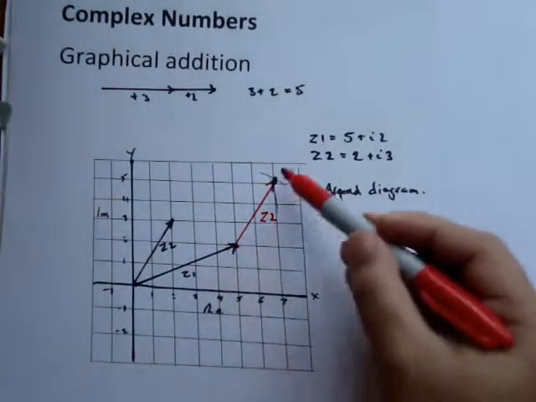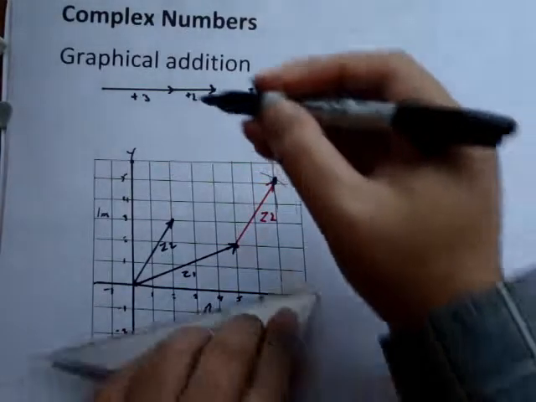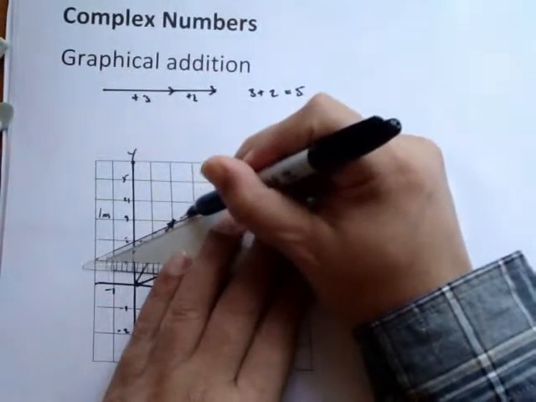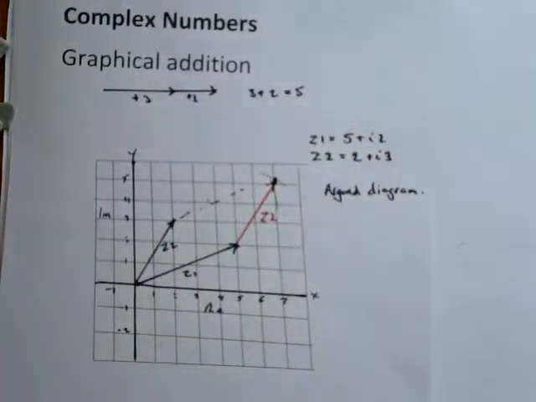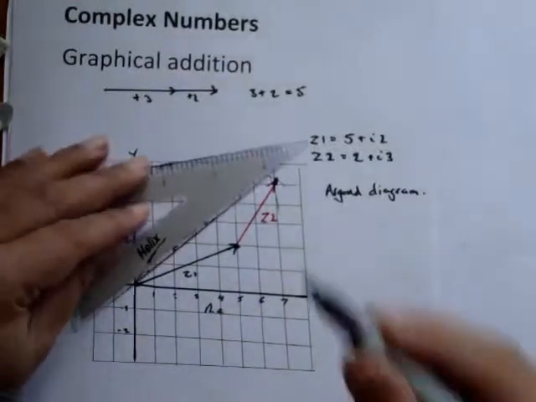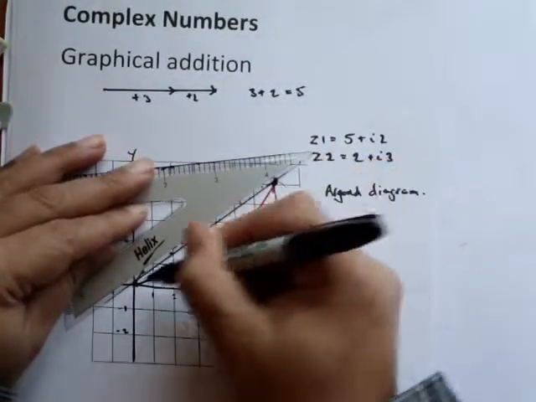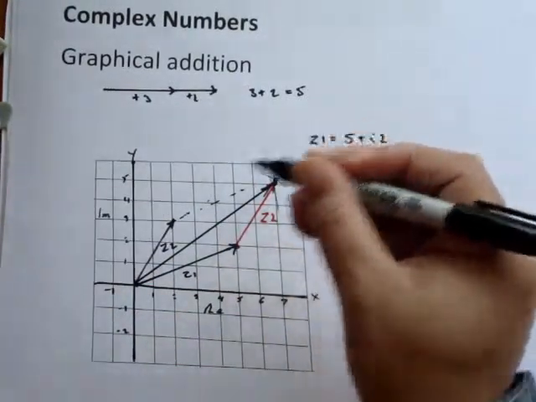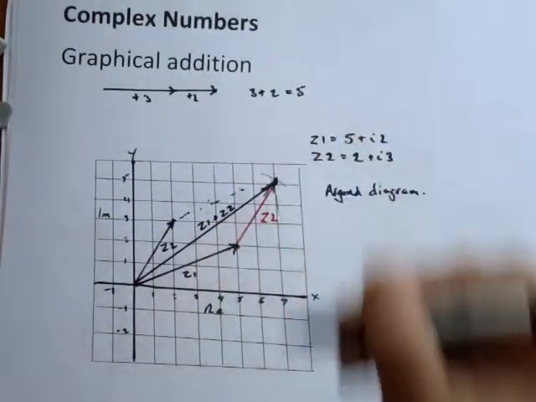And we get a chain. This can be thought of as forming a parallelogram. So if we draw a dotted line to form our parallelogram like this, the resultant vector is the diagonal of the parallelogram, so that would be from the origin to that point, and that would be z1 plus z2.